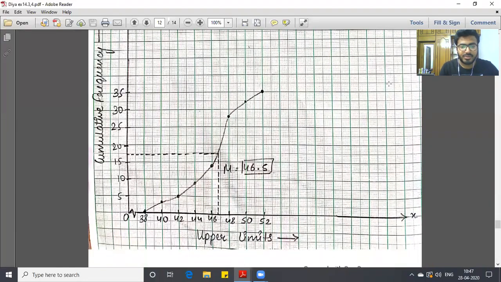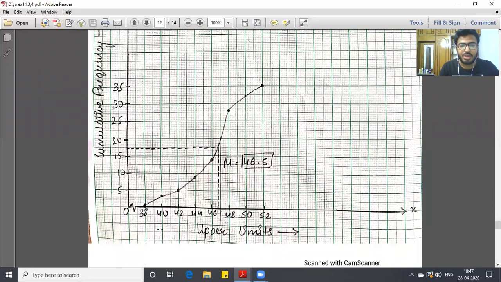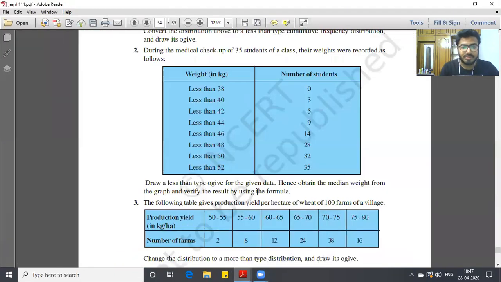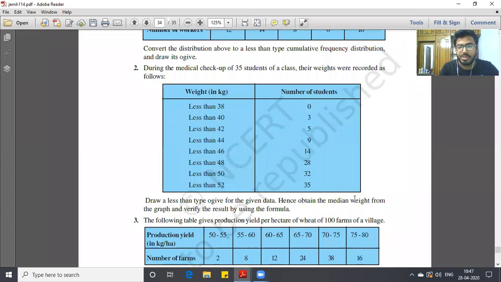So that is the first answer. Remember, for less than type, the upper limits will be used, and the cumulative frequency is here. Now we'll go into the first question. First question is also less than type only. We can derive this and obtain the median weight from the graph and verify the result by using the formula. Now by formula you know how to do it, right? In the formula, first you have to convert this into classes, and then you have to find the frequency from the given cumulative frequency.